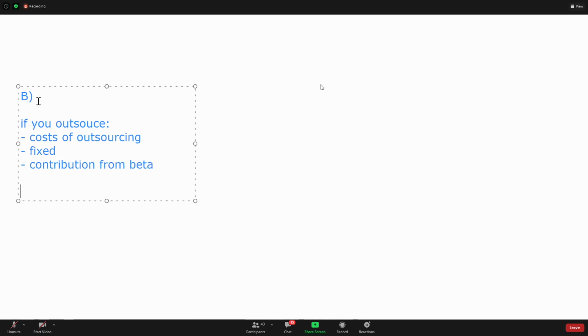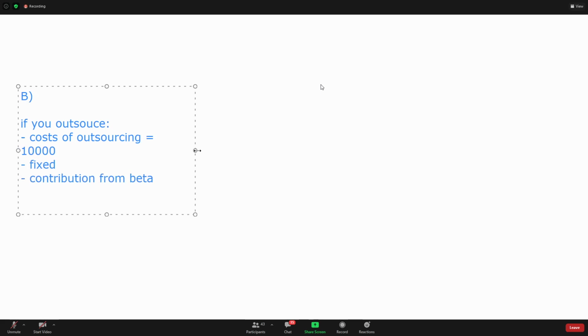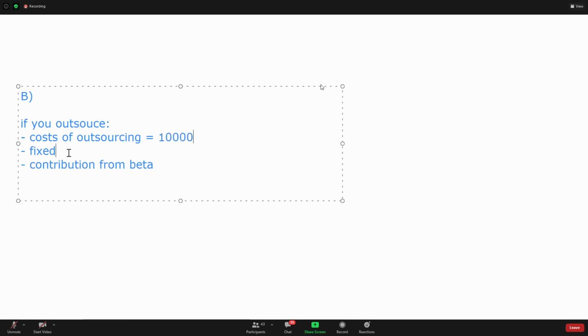Okay, so the cost of outsourcing is 10,000, right? The fixed costs are 4,800. And if we are looking at cost, the contribution of beta is a minus cost because it's positive, right? So if you look at costs, the cost of outsourcing, the fixed costs, the contribution from beta is a minus cost.